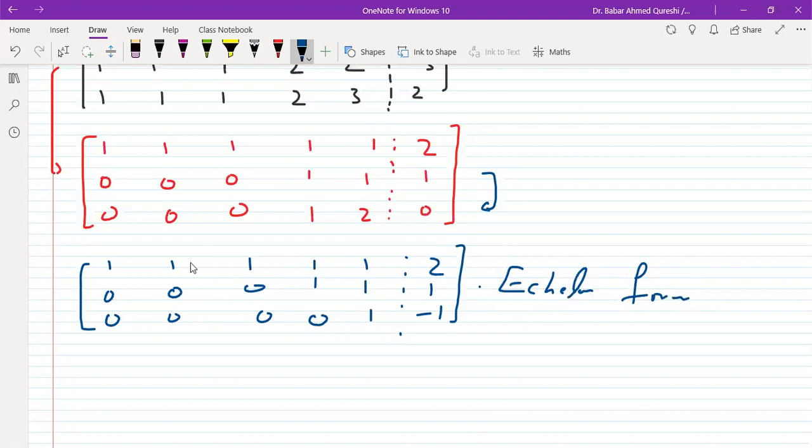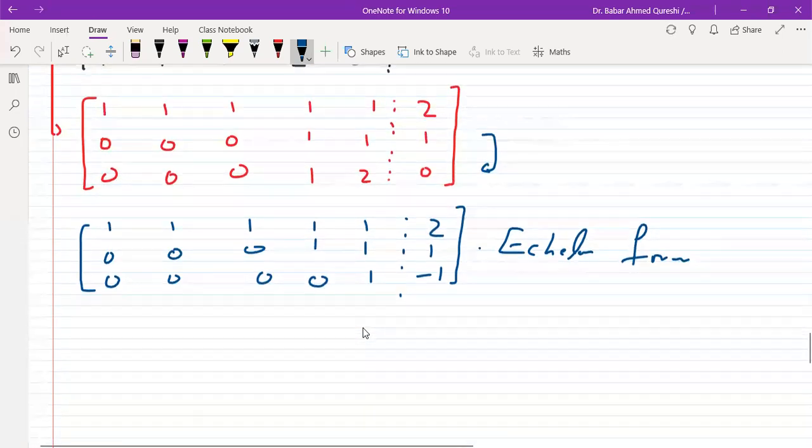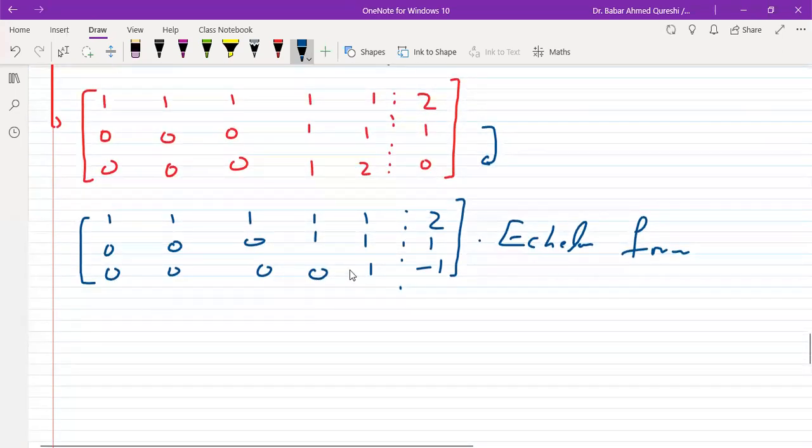And you can see that x2 and x3 are free variables. x1, x4 and x5 are the lead variables. Now if you want, you can back substitute.